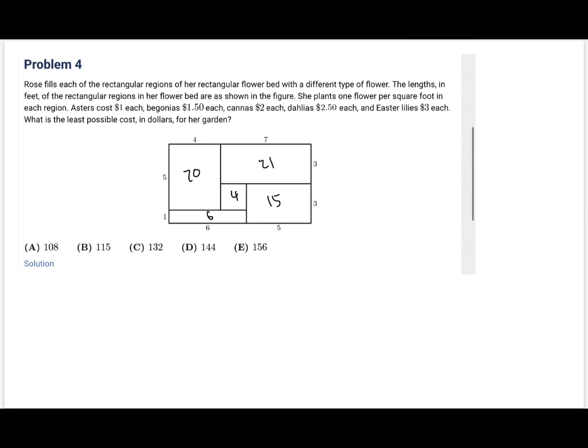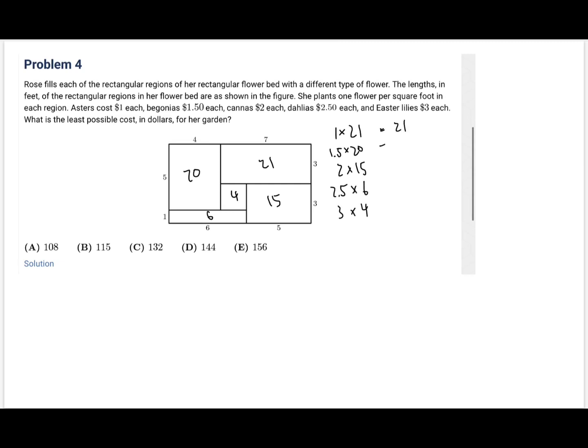Okay, so the least possible cost means that the flowers costing the least would have to take up the most space. So it's 1 times 21 plus 1.5 times 20, plus cannas, 2 times 15, plus 2.5 times 6, plus 3 times 4.